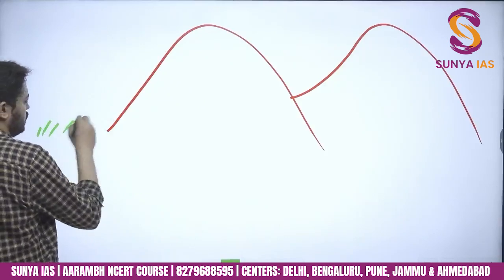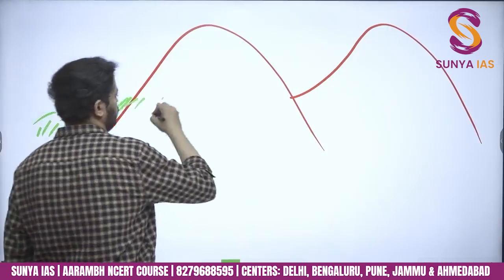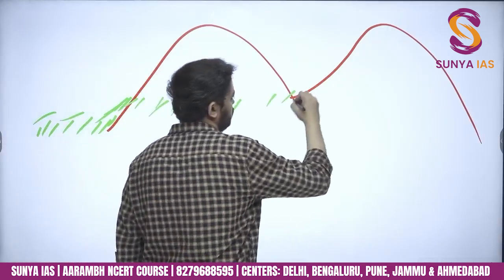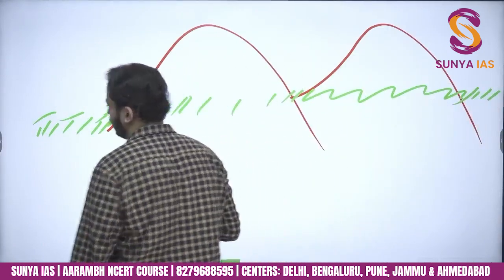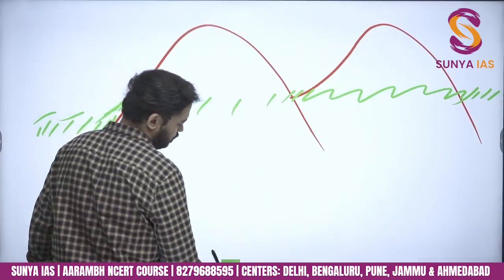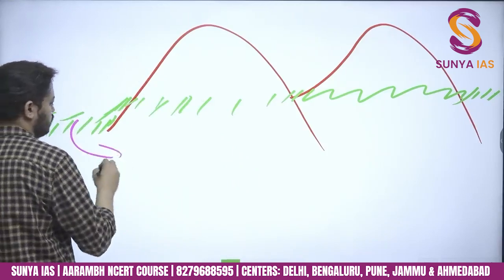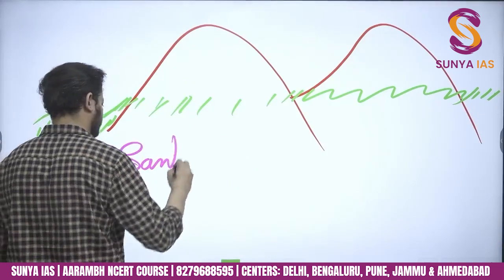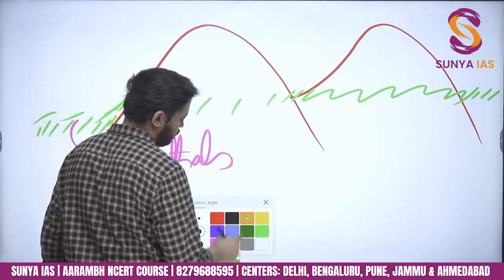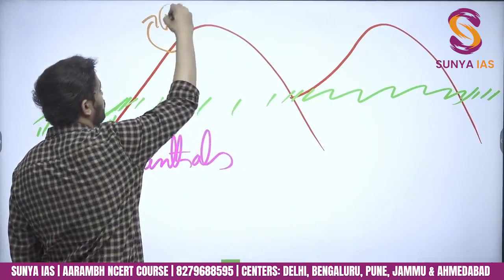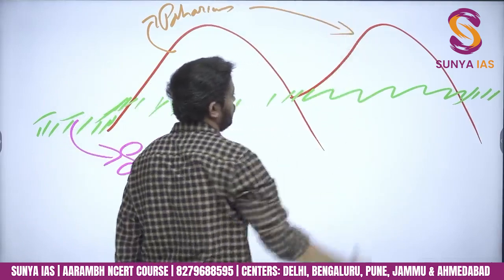So this region, on the lower side of the mountain, these lower side of mountain regions were given to whom? Were given to the Santhals. And on the top, this region, Pahadiyas used to live.